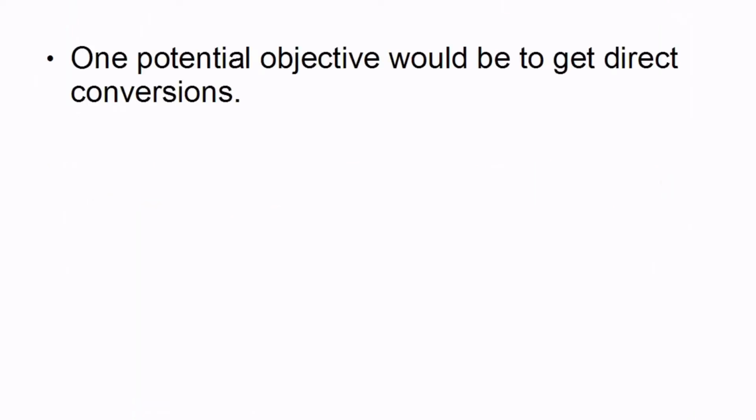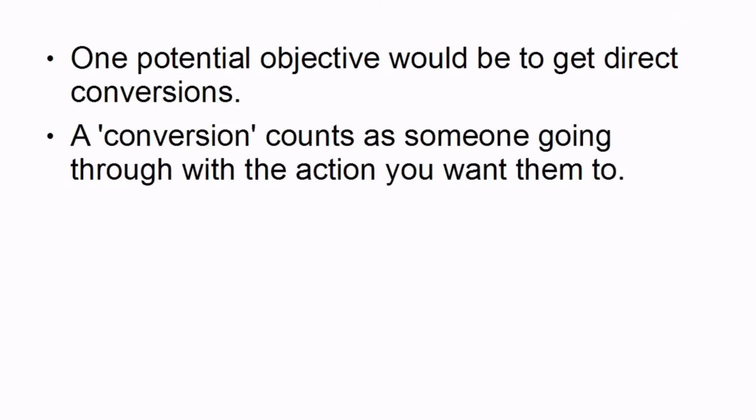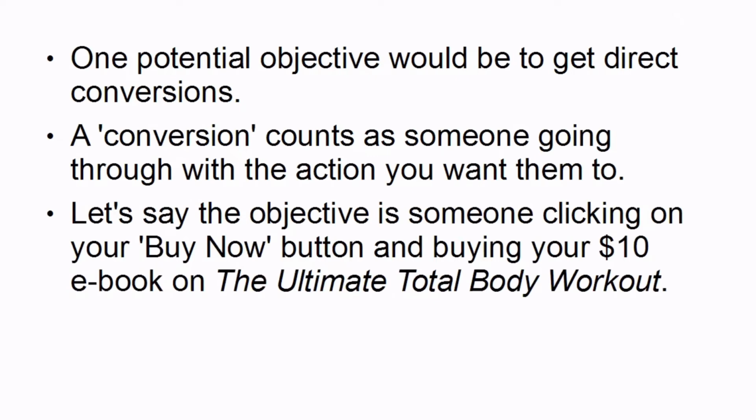Now, one potential objective would be to get direct conversions. A conversion counts as someone going through the action that you want them to. So let's say the objective is someone clicking on your Buy Now button and buying your $10 ebook on the ultimate total body workout.